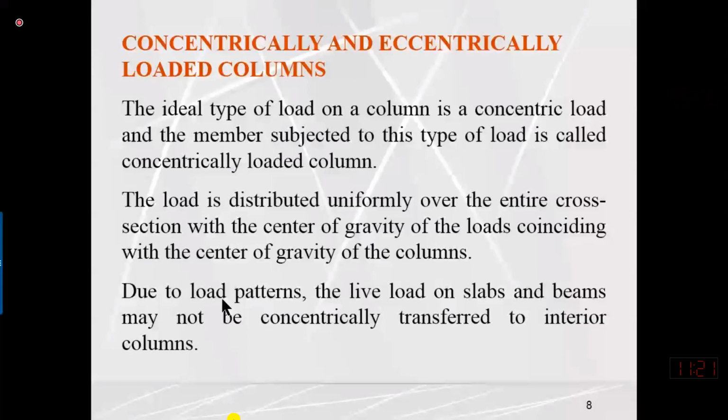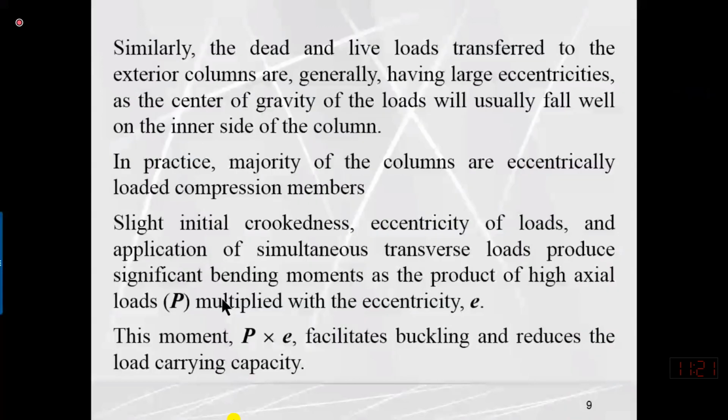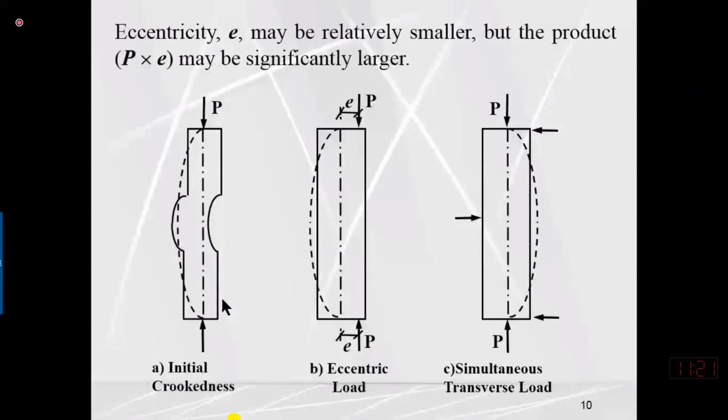Here you can read out this slide, but I will explain from here. So we might have extra bending moment or eccentricity in a column due to three reasons. Number one reason is that the member is initially bent in the lateral direction or initially crooked. So this is the theoretical center line, and this is the actual center line.